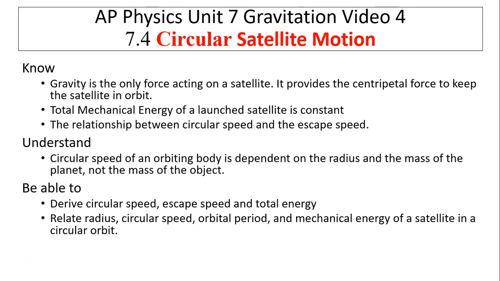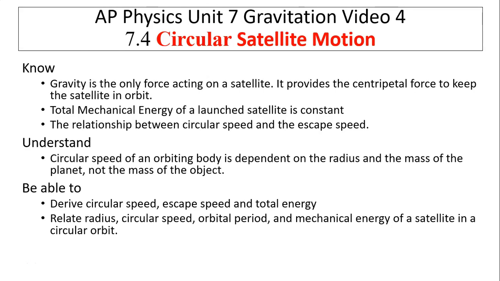The objectives are: gravity is the only force acting on a satellite. Gravity provides the centripetal force to keep the satellite in orbit. Total mechanical energy of the launched satellite is constant. Know the relationship between circular speed and escape speed.